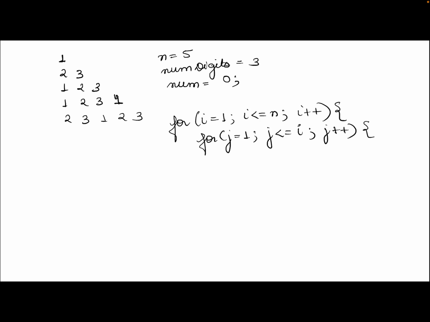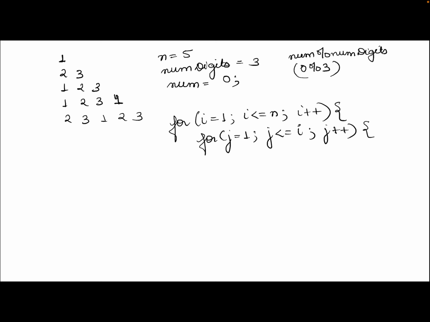Now what I want to do, initially I want to print 1. So if I write num mod num digits, that is 0 mod 3, what will I get?